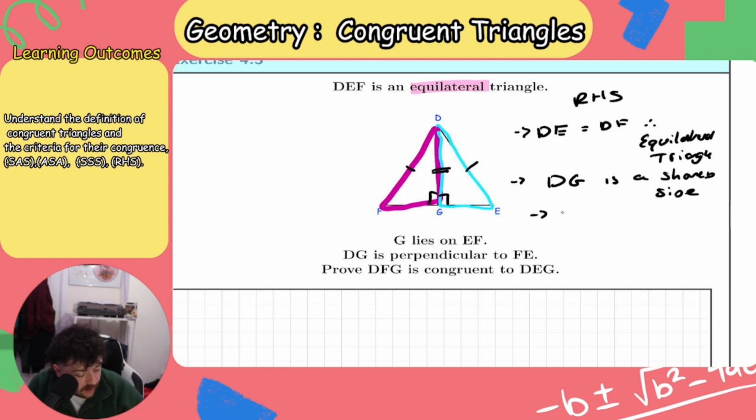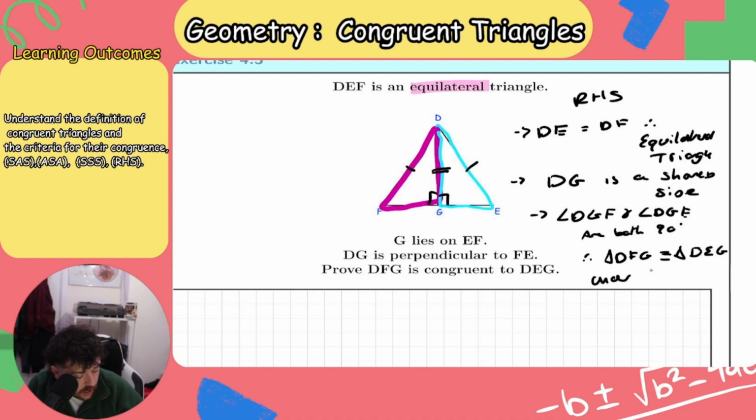And finally, angle DGF and angle DGE are both 90 degrees. Therefore, triangle DFG is congruent to triangle DEG under RHS, so right angle, hypotenuse, side. That's it. That's how easy these questions are. Once you've proven one of those rules, you just write it down and there's your full marks.